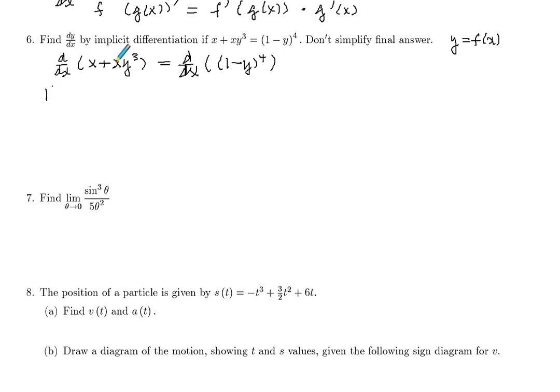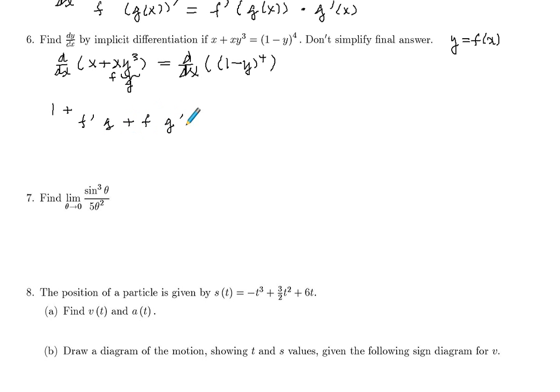And then derivative of x times y cubed, that's going to be a product rule. So this is our f, and then our g is y cubed. So this whole thing here is our g. So then we want f prime g plus f g prime.